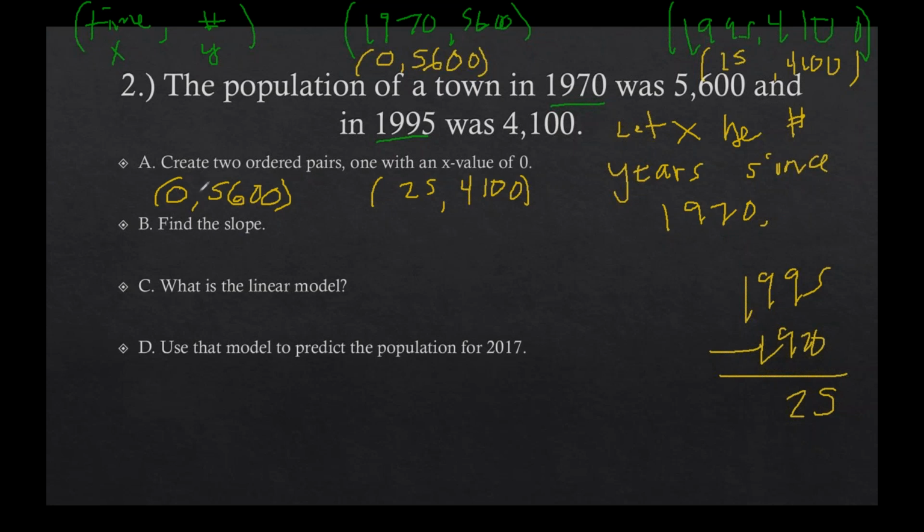Okay, so now that I have two ordered pairs, I've got 0, 5600 and 25, 4100. Without doing any math right now, what do you know? Based off of one of those ordered pairs, what do you know?